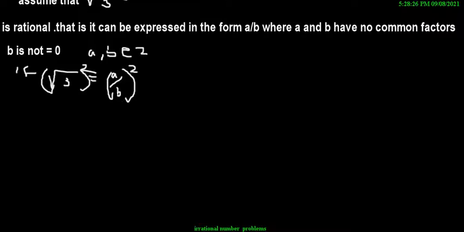What we're going to have is 3 is equal to a over b, both squared, and in this case we're going to have a squared is equal to 3b squared.